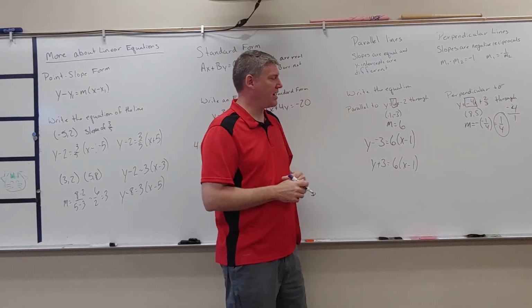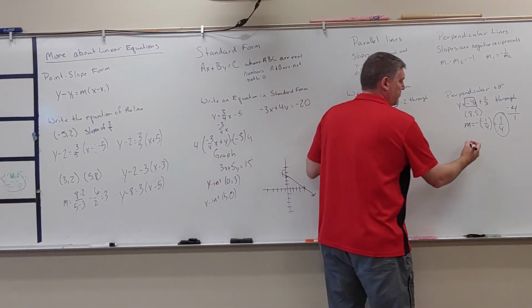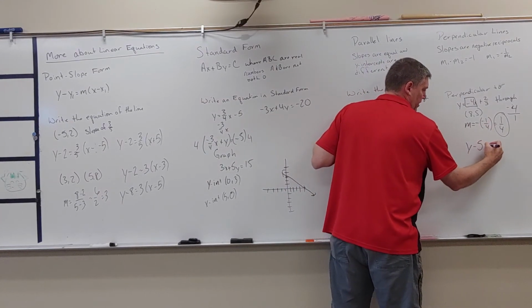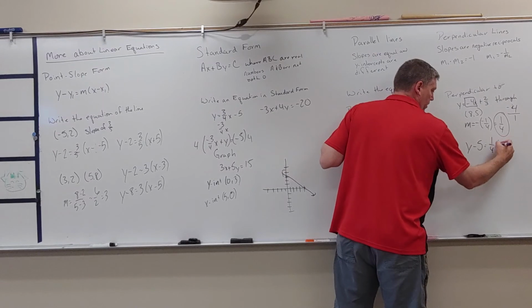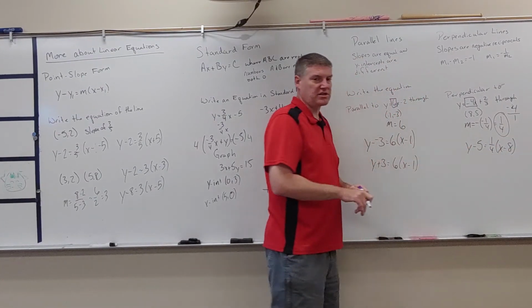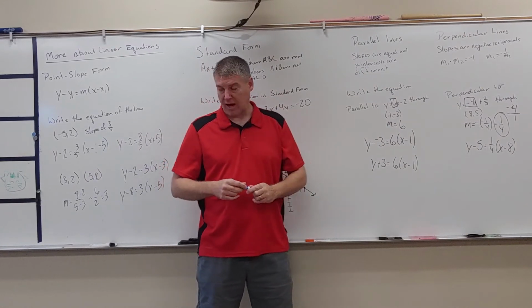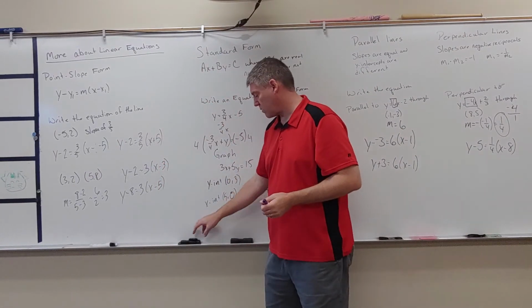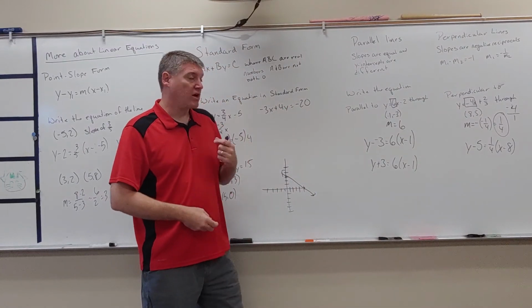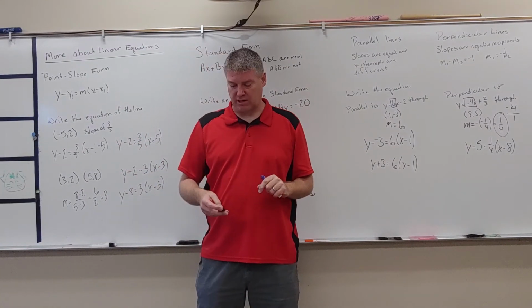So flip it and negate it when you're doing perpendicular. So y minus my y-coordinate, which is 5, equals my slope, 1/4, x minus my x-coordinate, which is 8. There's the equation of the line. I'm going to use the point slope form first because it's just faster. So that's a little bit more about linear equations.